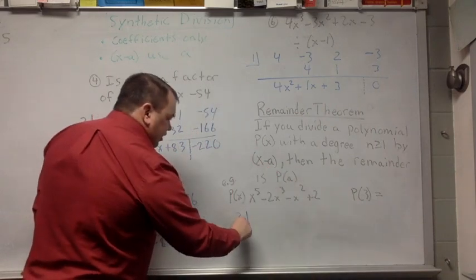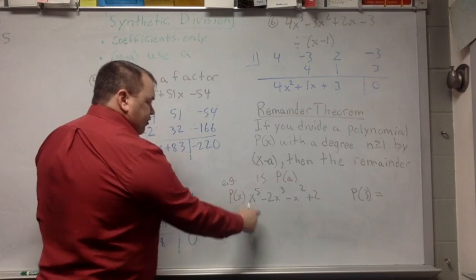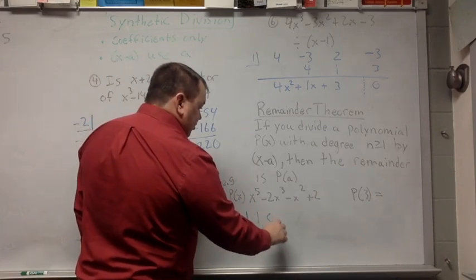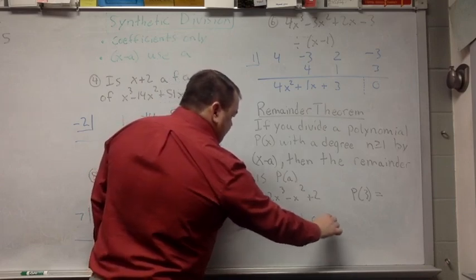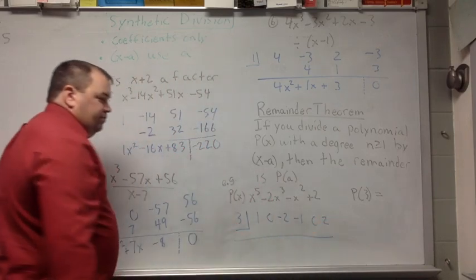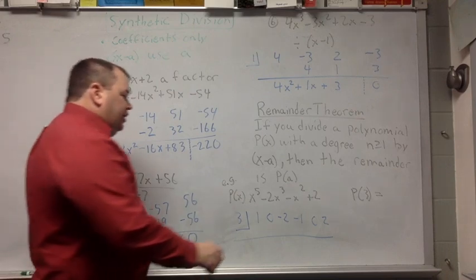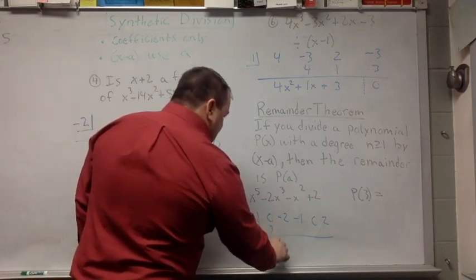So we're going to put our 3 in here, and we're going to pull out our coefficients, 1, 0, negative 2, negative 1, 0, and 2. Okay, I put my placeholders in. I'm going to go through my synthetic process.